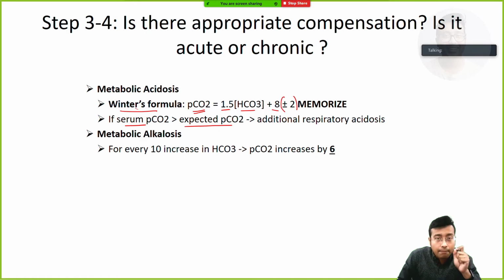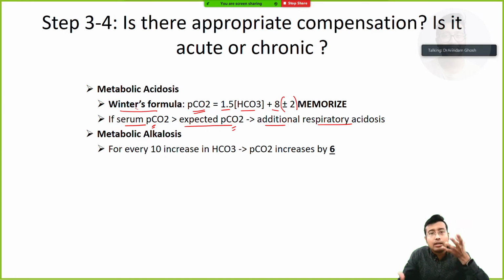This disorder that we are discussing was metabolic acidosis. I hope you remember. Whether there is an additional respiratory component. In reality, when kidneys are at fault, lungs are also at fault to some extent. So if this scenario occurs where serum PCO2 is more than expected PCO2, then there is additional respiratory acidosis. It is tough, but you need to understand the concept.